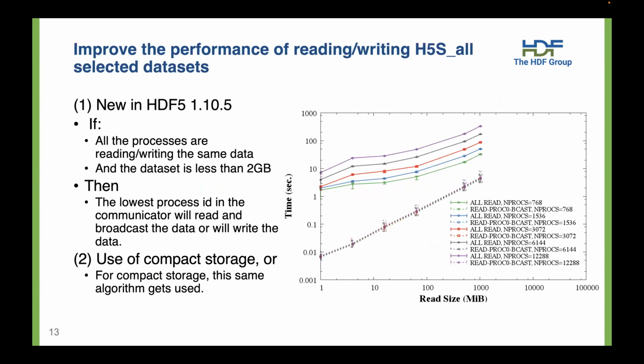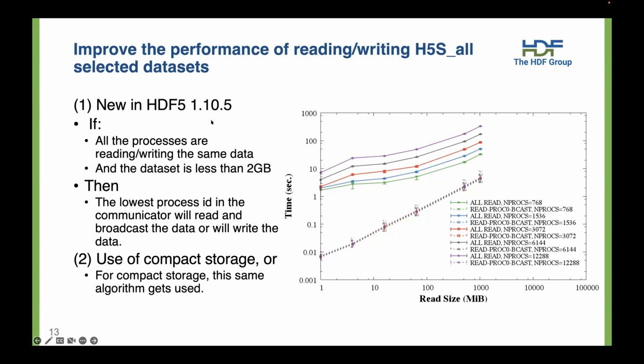Here's another example of where we discovered something in the library that CGNS was doing that we had to account for. When you have a standardized format, sometimes all the processors write data just because you need that data set there to meet the standard. Then what CGNS was doing was having all the ranks read all those data sets, so they're all reading the same data.